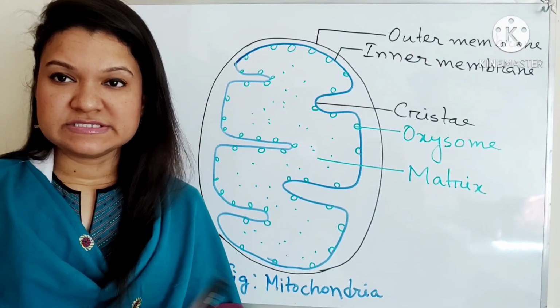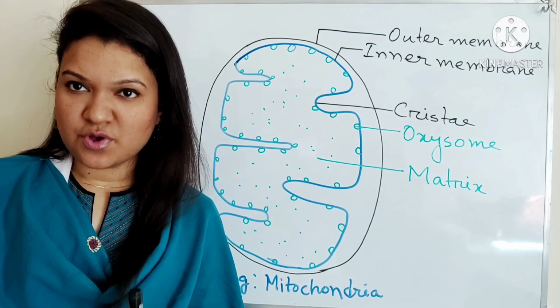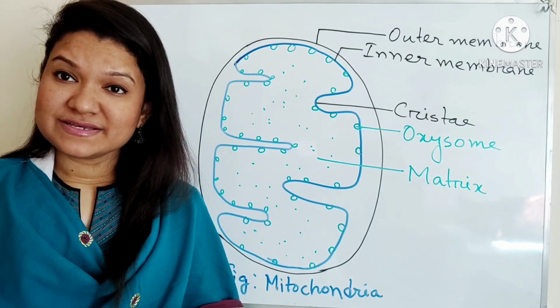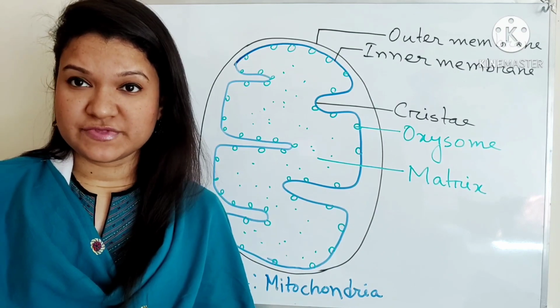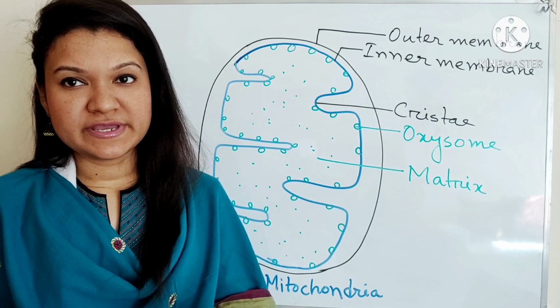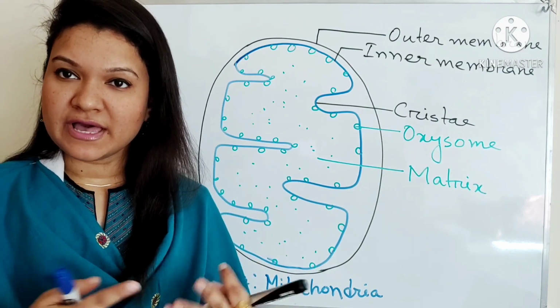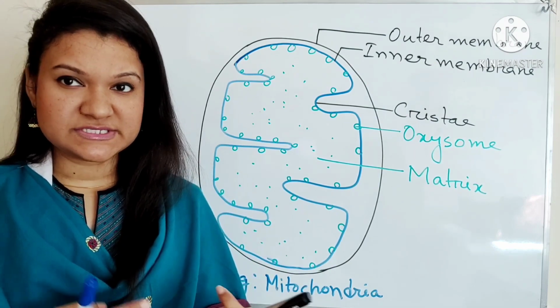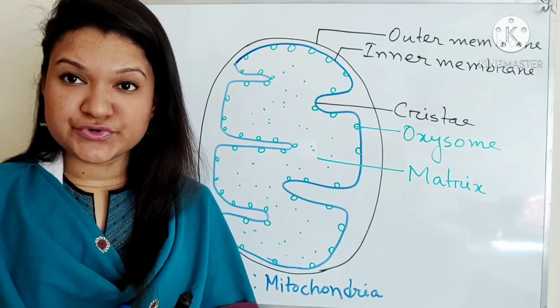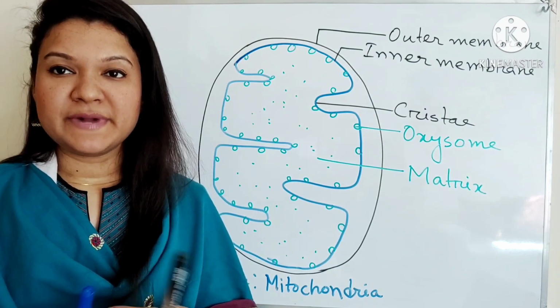We know that the mitochondria is called the powerhouse of the cell. Why is it called the powerhouse of the cell? Our body, that is plant body and animal body, both require some energy, and this energy is produced in the mitochondria.